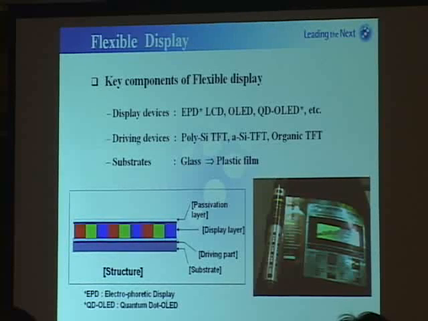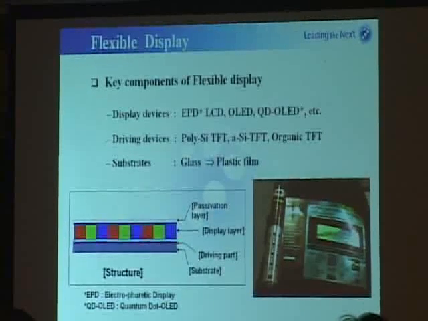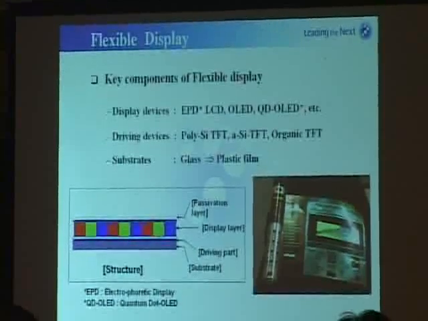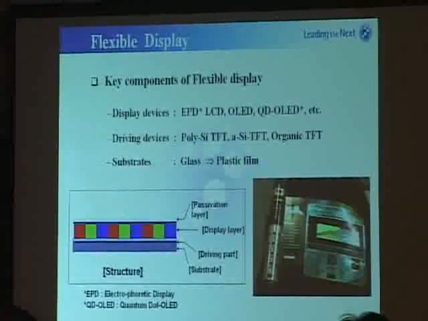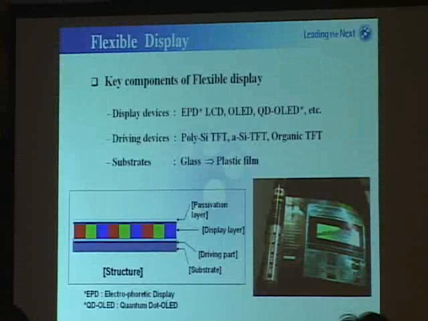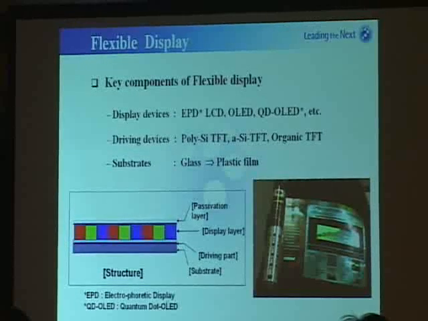For the driving devices: polysilicon TFT, amorphous silicon TFT, and organic TFT. And for the substrate, the conventional glass substrate should be changed to plastic film to fabricate flexible displays.